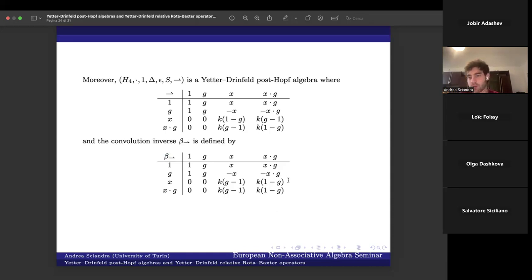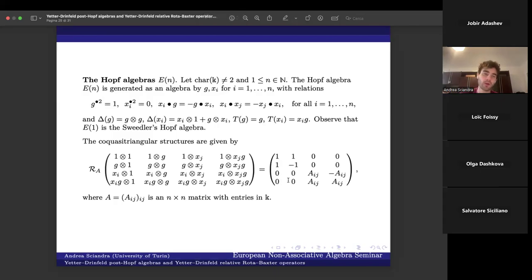So we can also generalize this example. Instead of considering the Sweedler Hopf algebra, we can consider the Hopf algebra E_n. Again, we start with a base field which has characteristic different from 2, and we consider the Hopf algebra generated by an element G and n elements X_1 to X_n, with this relation here.